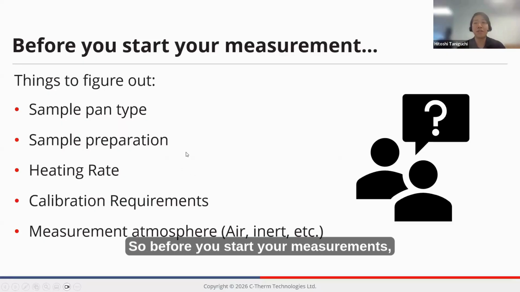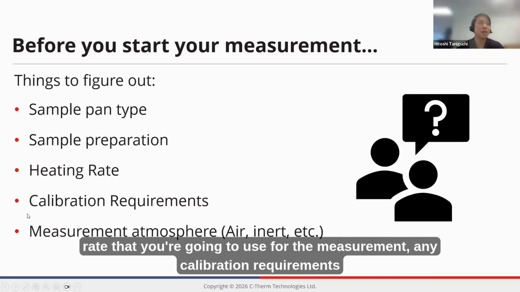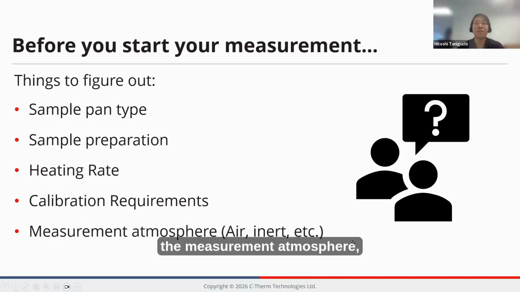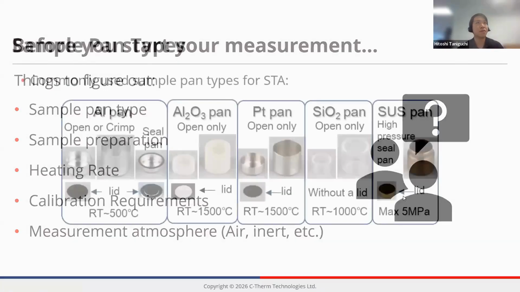Before you start your measurements, you need to figure out these 5 major points, which are the sample pan type that you're using, how you're going to prepare your sample, the heating rate that you're going to use for the measurement, any calibration requirements that you might need to fulfill before you run them, and lastly, the measurement atmosphere, depending on the type of reactions you want to see with your measurement.